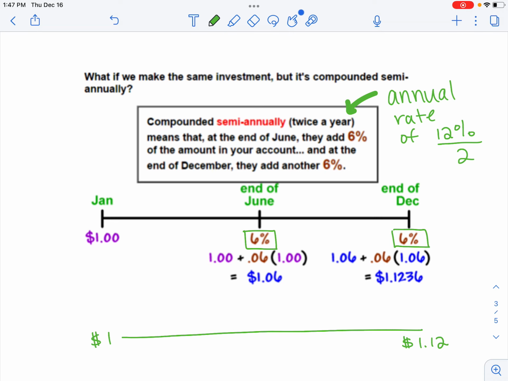So now that other 6% is getting multiplied with the 1.06, which is how much we have going into the end of the year, since our money was already compounded halfway through. It's not that this end result is much more than our $1.12 from the first example. It's just that it grew a little bit more because the money was compounded twice in the year.